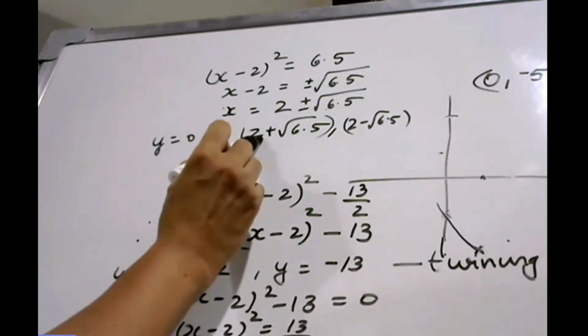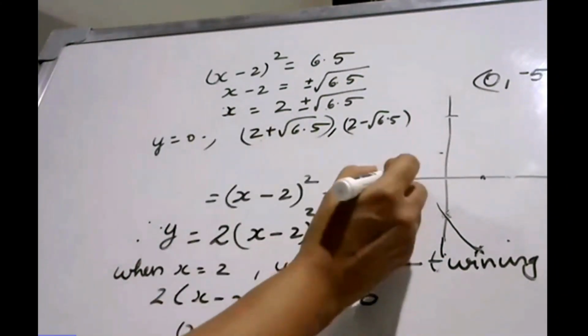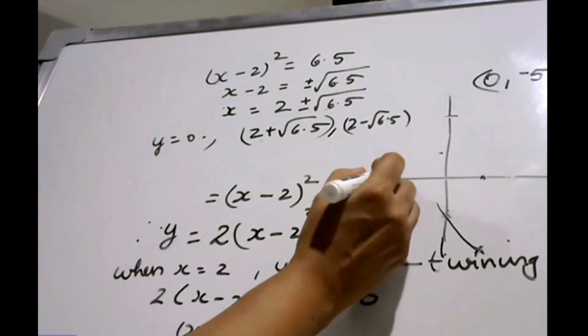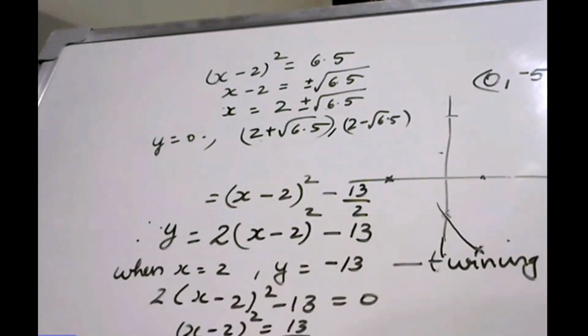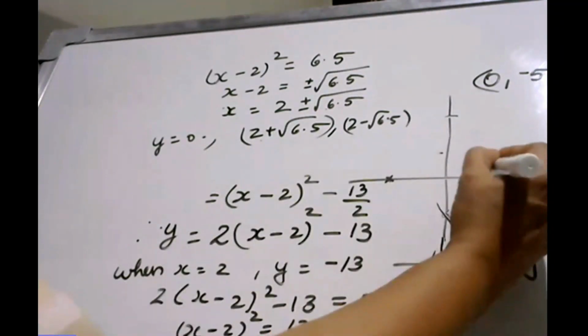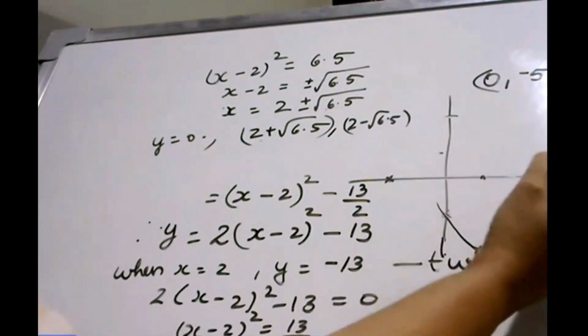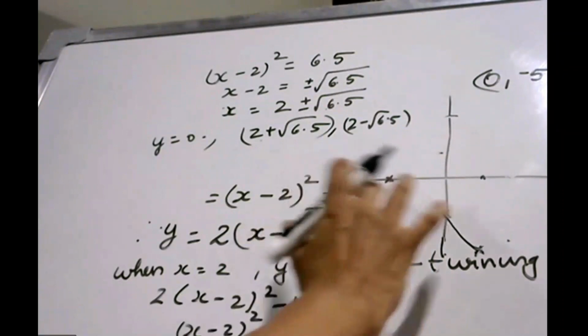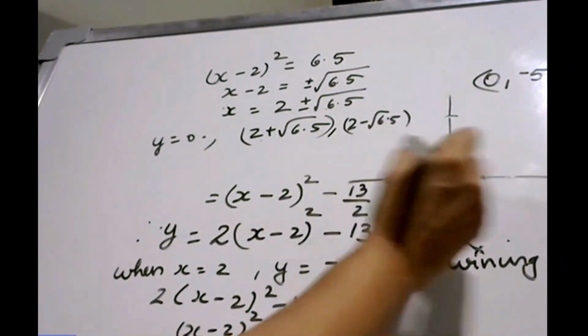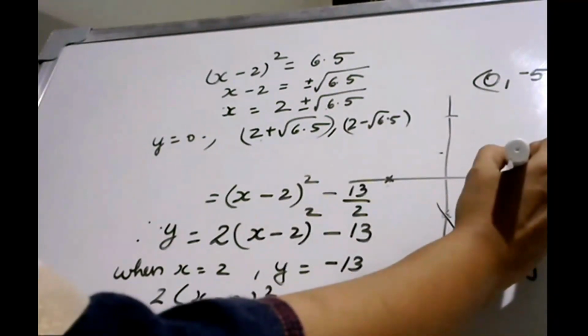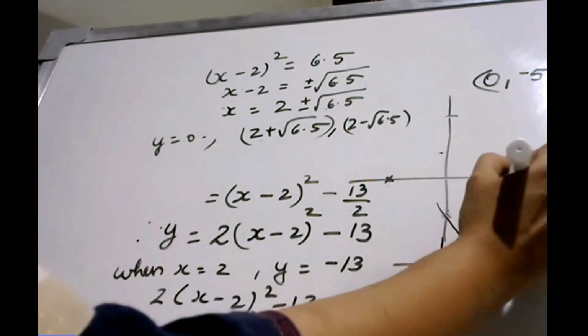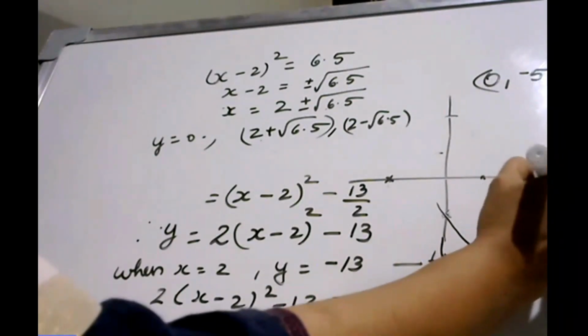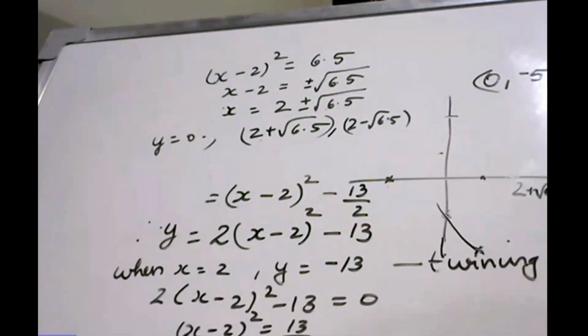Now what about the x-axis? We have two values: 2 plus root of 6.5 and 2 minus root of 6.5. Here we'll have 2 plus root 6.5, and 2 minus.